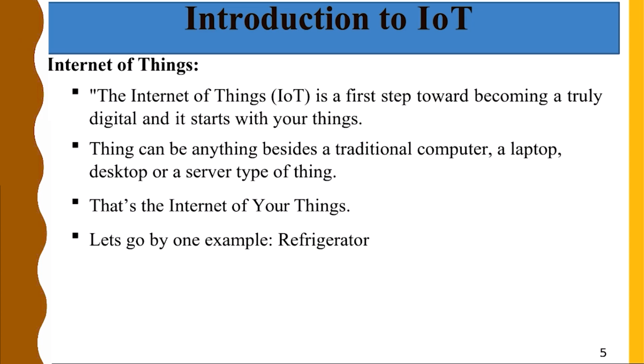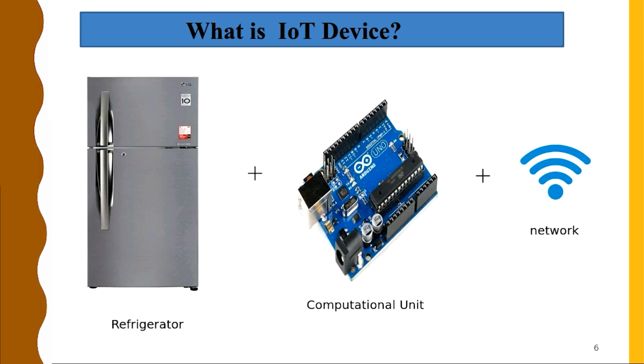I'll go by one example. Let's take a refrigerator. We all have refrigerators. When we keep the door open for a long time, there will be some kind of beep or ringer indicating that you forgot to close the door, isn't it?